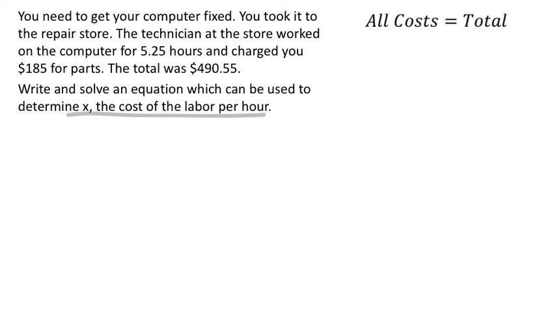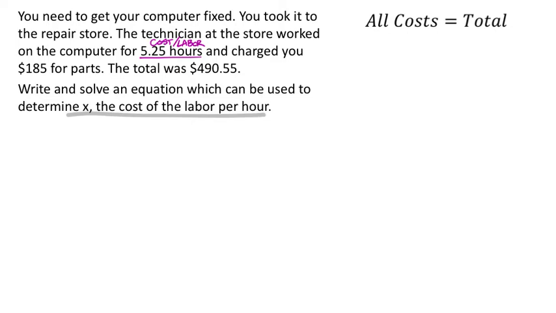Now, the other value that's associated with the labor is the time they spent laboring on the computer. That's the 5.25 hours. That right there is the cost, which is going to be the labor. Okay, so we do have a cost in labor. We also have the cost of the parts. So again, we're going to have to pay for the parts, but it is a cost. So the cost of the parts, $185.